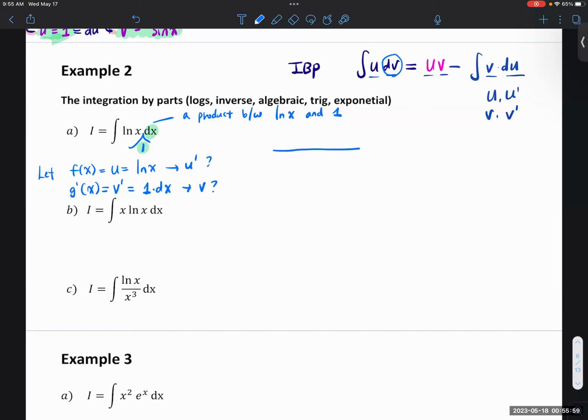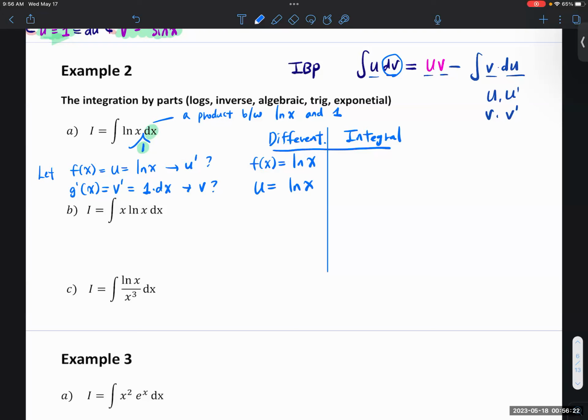I'm gonna take two things. One is taking the derivative, differentiation, and then you're gonna take the integral of each function. So for u, we know that f of x equals ln x. That means u equals ln x.